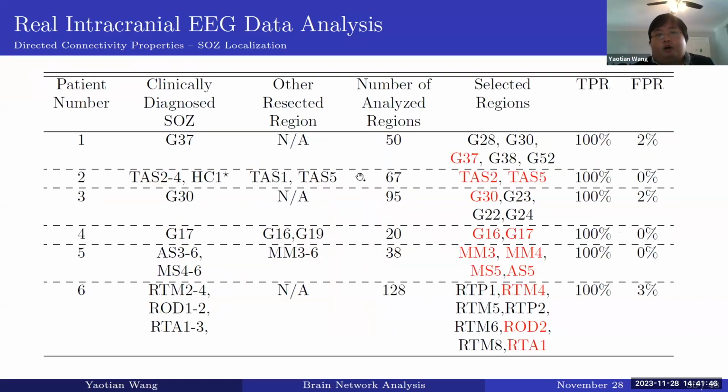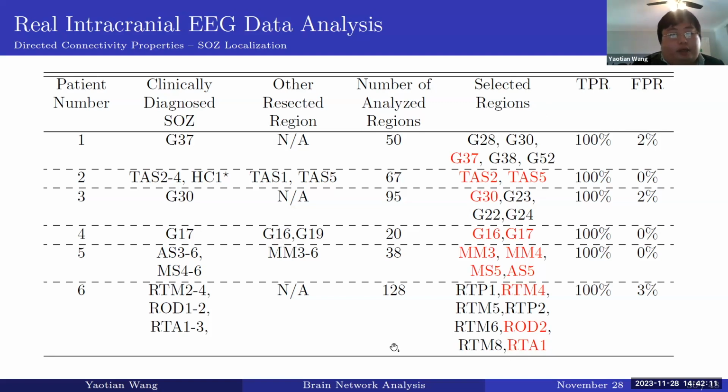We applied our seizure onset zone localization method to 6 patients with different epilepsy types and achieved 100% true positive rate and less than 3% false positive rate in localizing their seizure onset zone.